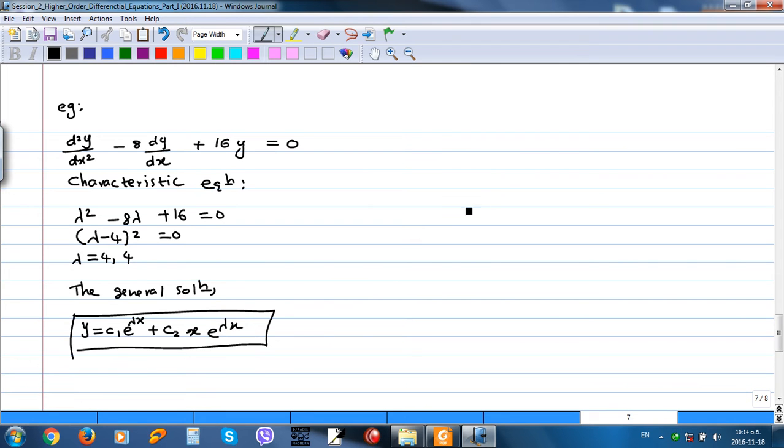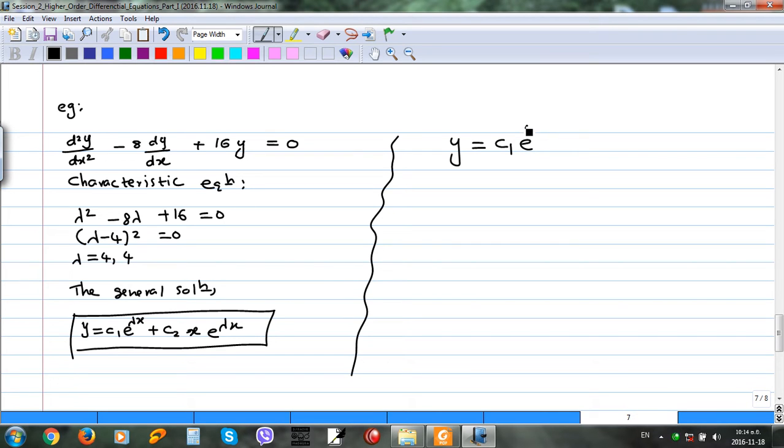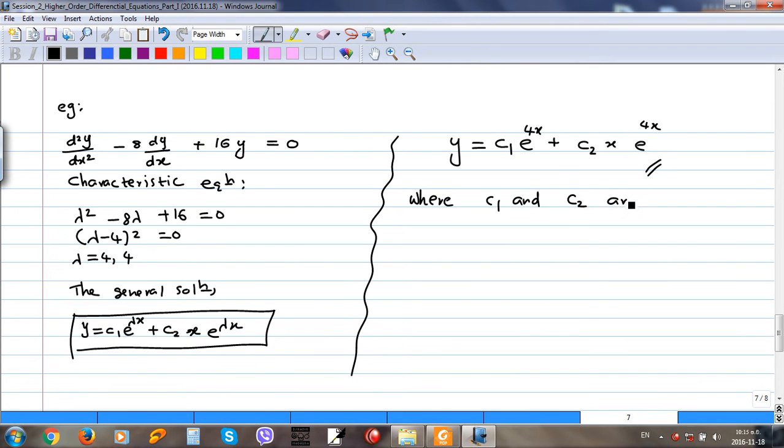So by considering this, we can write the general solution, y equals c1 e^(4x) plus c2 x times e^(4x). This is the answer, where c1 and c2 are arbitrary constants.